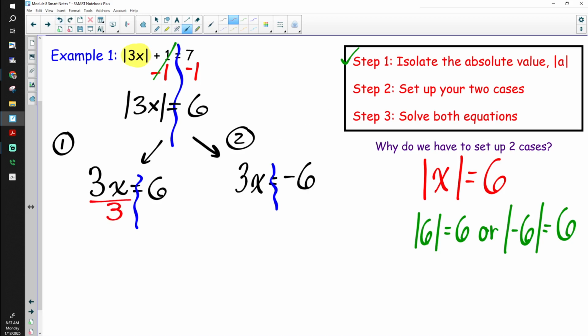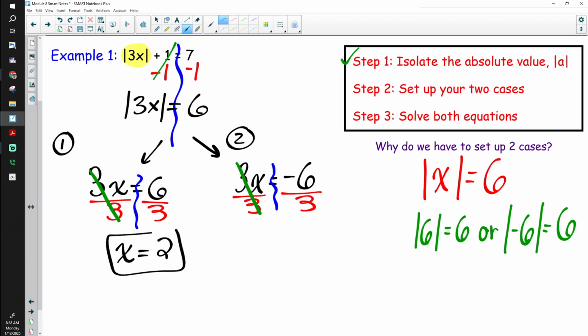How we solve problems doesn't change based on the answer's sign. These 3's go away. For case 1, x equals 6 divided by 3, which is 2. There's one answer. On the second case, negative 6 divided by 3 is negative 2.